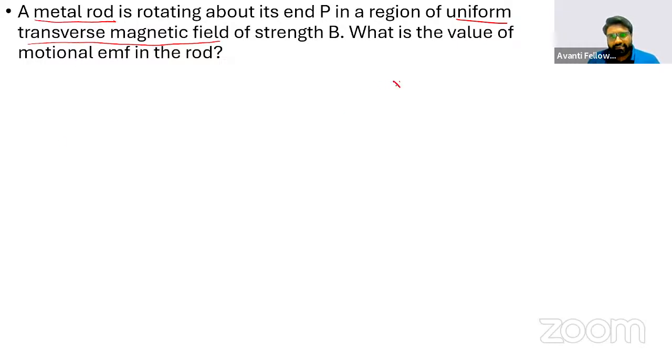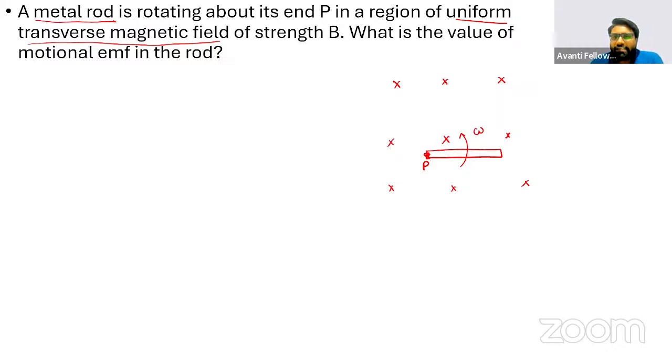So suppose we are considering a cross magnetic field. And this is, let's say, the rod, which is rotating about this point, let's say point P. About this point P the rod is rotating like this with an angular speed omega. ठीक है.